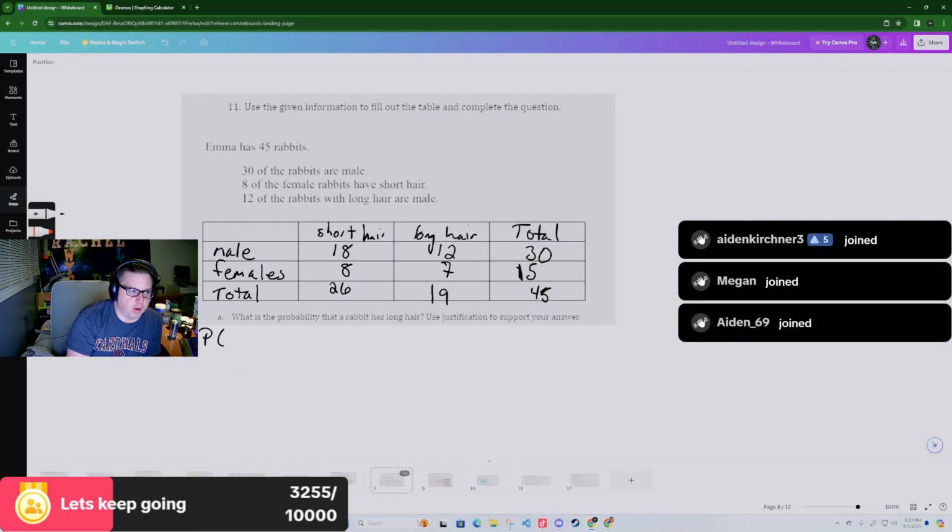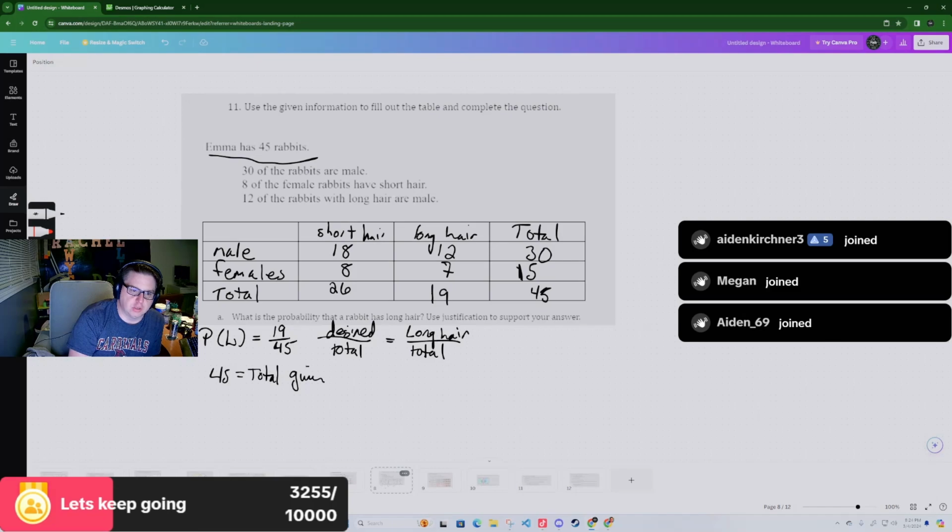So we're looking for the probability of long hair. So long hairs, there's 19 of them out of 45. Use justification to support your answer. I would start with the desired over total. And my desired are going to be long hair over total. Emma has 45 rabbits equals the total.